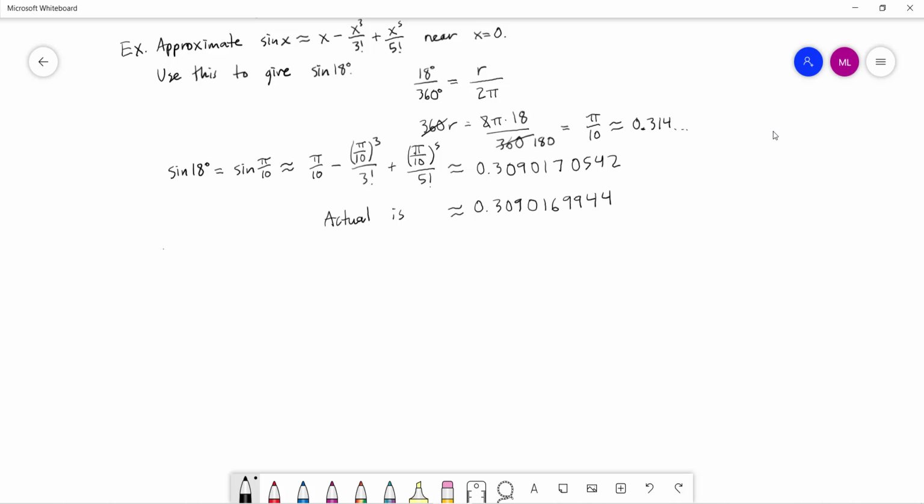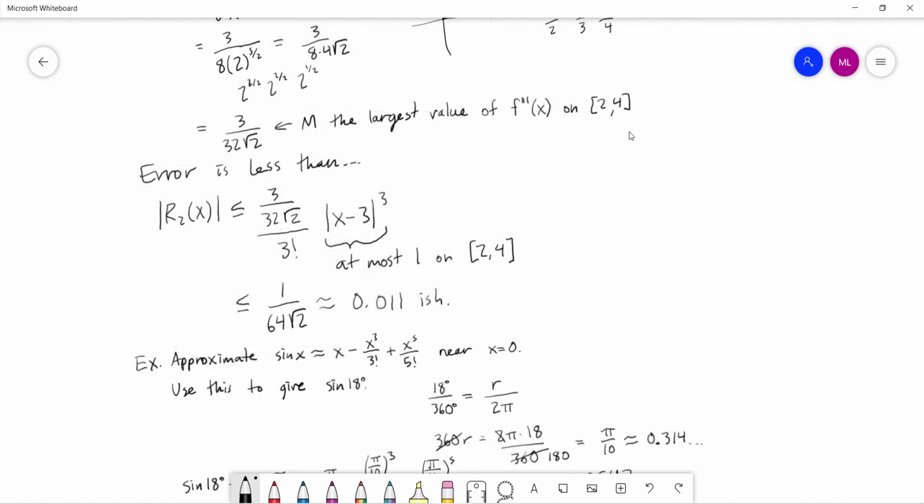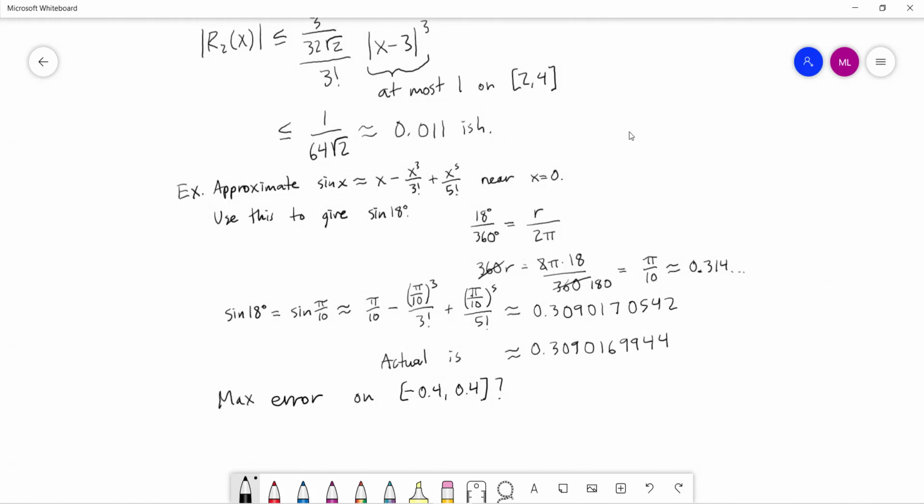So what is the max error on the interval from negative 0.4 up to 0.4? Because certainly the value that we found is somewhere within that bound.